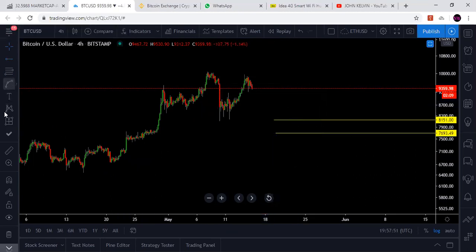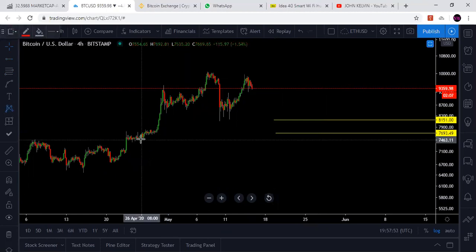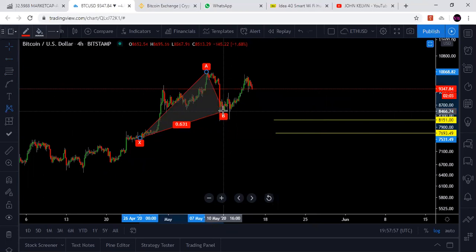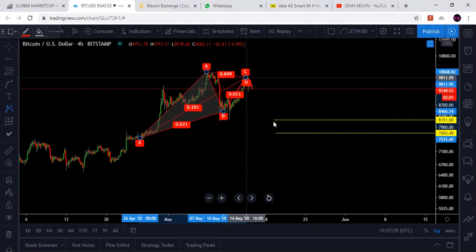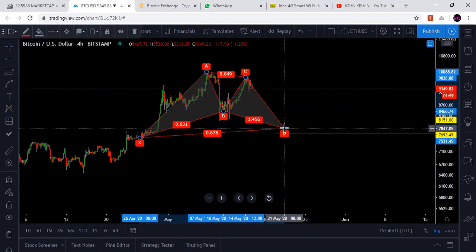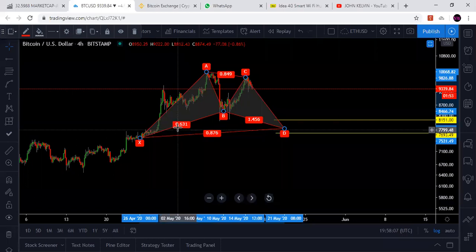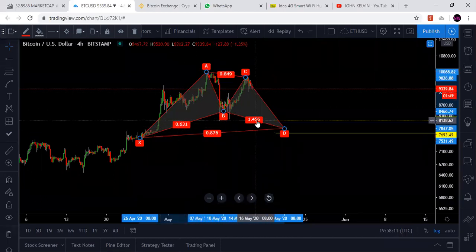So this is what we have here. So from X to A to B, B to C, C to D. So you look at it very well. These are the ratios. See, the ratios I just calculated now, these are the whole ratios. This is the extension ratio which completed this move.